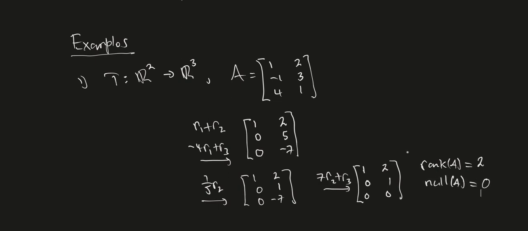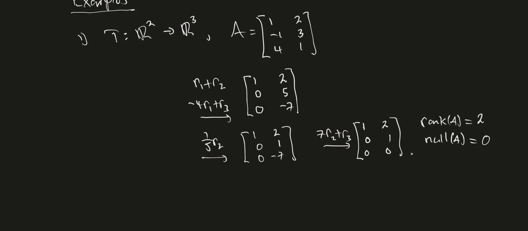So what does this mean? Well, because the nullity is 0, this means that this transformation is one-to-one. So therefore, T is one-to-one. If, for instance, I were to set this up with a column of zeros here to try to find the kernel of this transformation, I would get that only the trivial solution would work, because I would end up with all my pivots here, right?